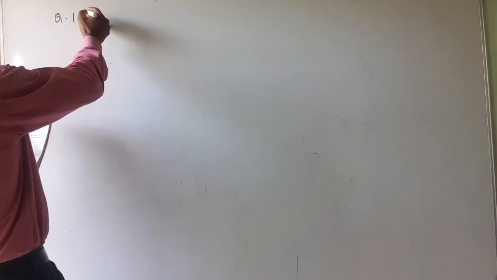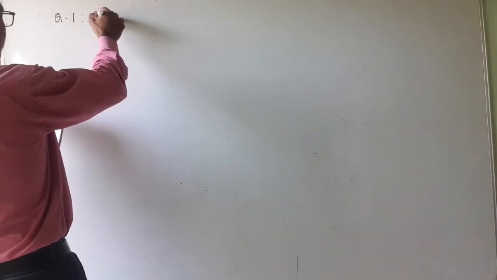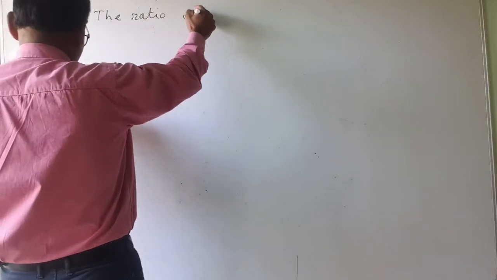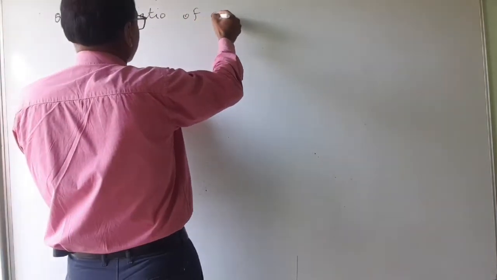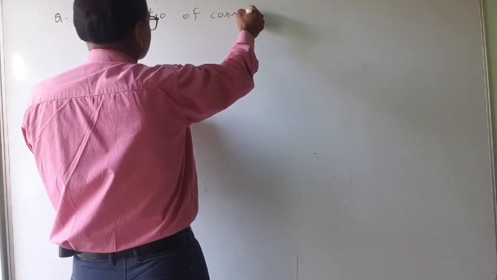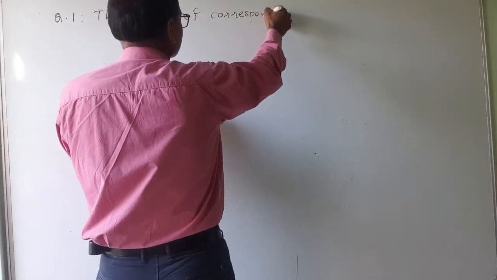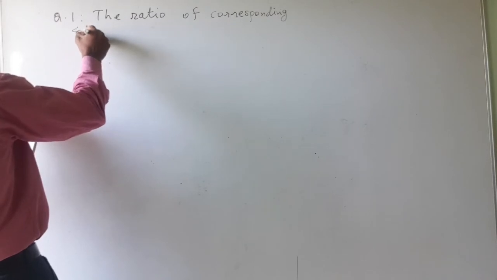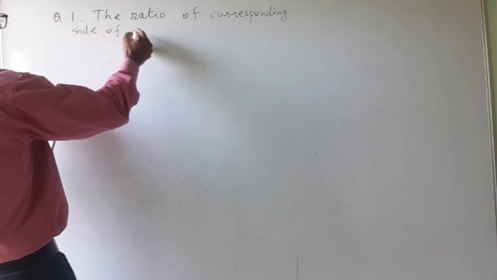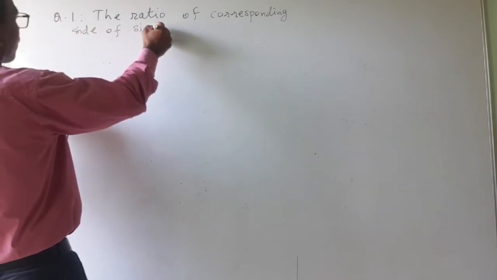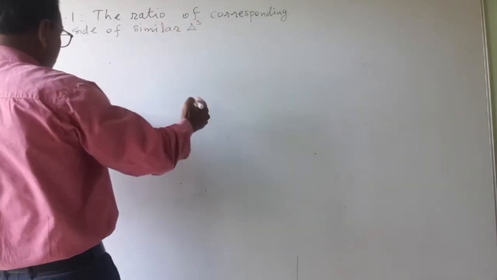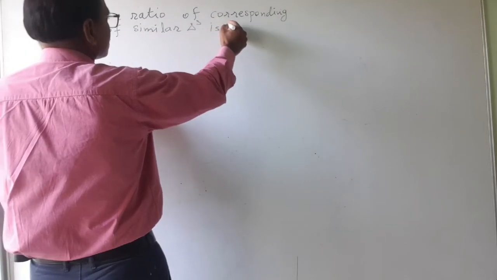Question number 1. The ratio of corresponding sides of similar triangles is 3:5.